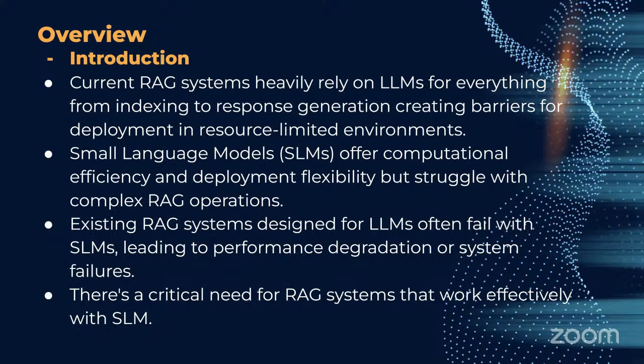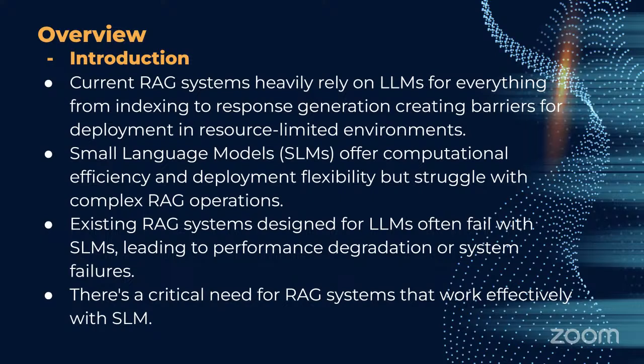And current RAG systems heavily rely on large language models. The LLMs provide high performance, but they come with substantial computational overhead and resource requirements. This means it is difficult to deploy them in resource-limited environments. The small language models, on the other hand, offer advantages in terms of computational efficiency and deployment flexibility.